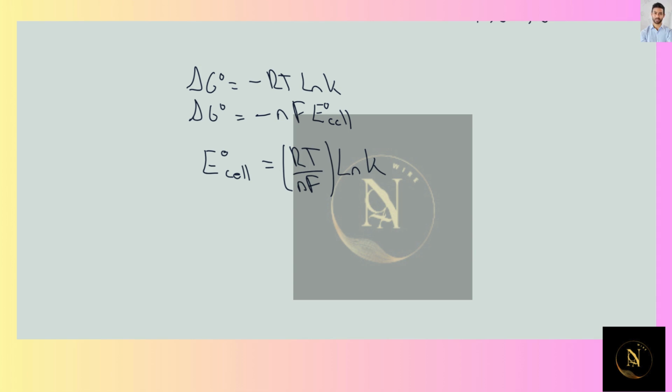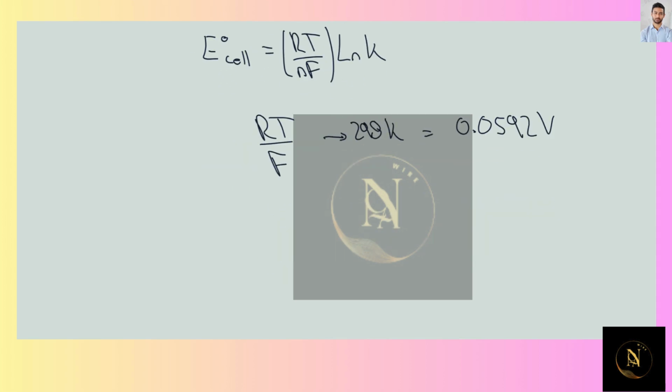Actually, no, never mind. We can also remember that the value for RT divided by F at the standard conditions, which means 298 Kelvin, is going to be equal to 0.0592 volts. So with this information, the E0 for the cell is equal to 0.0592 volts divided by n times the logarithm of the equilibrium constant.